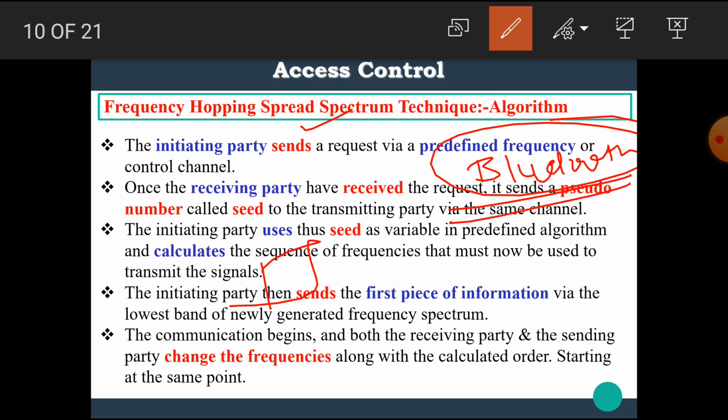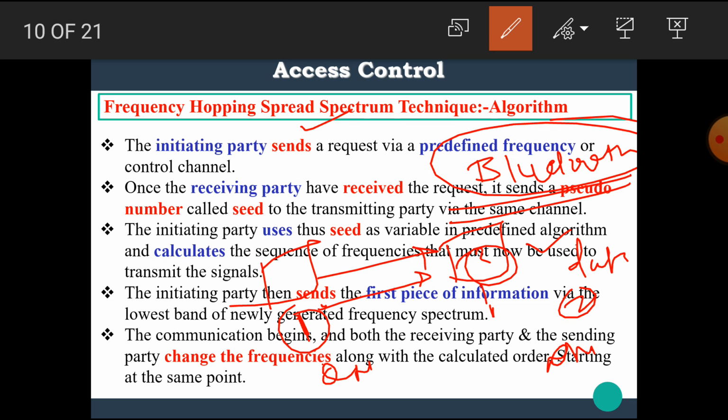If we want to transmit some data from mobile 1 to mobile 2, then what is the process? First of all, both the mobiles should have their Bluetooth on. Then, if we want to transmit data from mobile 1 to mobile 2, first we have to pair these two devices, mobile 1 and mobile 2, by sending data or sending a number.